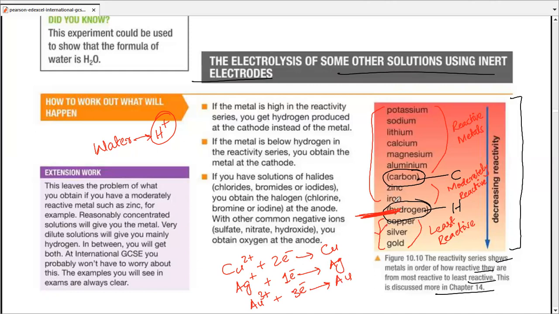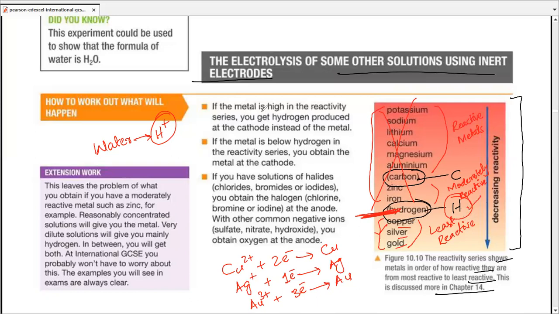So in case of solutions, the other elements will never be produced at the cathode. Instead, we will always produce hydrogen. Only if these 3 are present in our salts, they would be produced. Otherwise, in every single case, we're going to produce hydrogen.